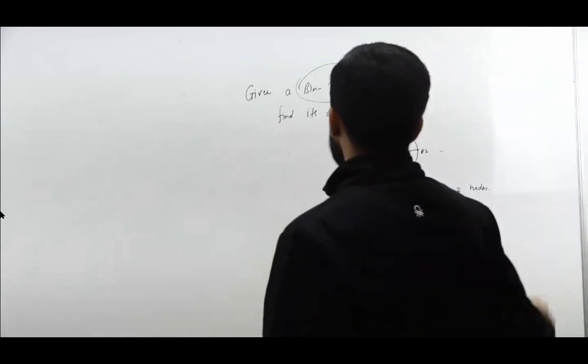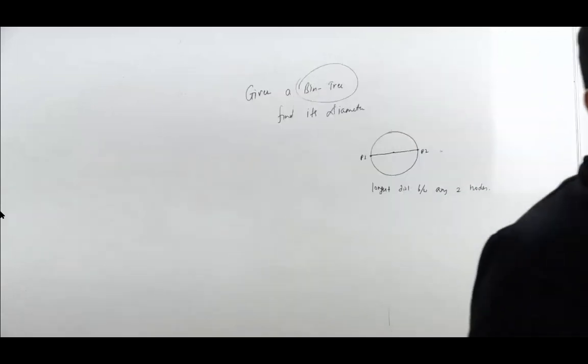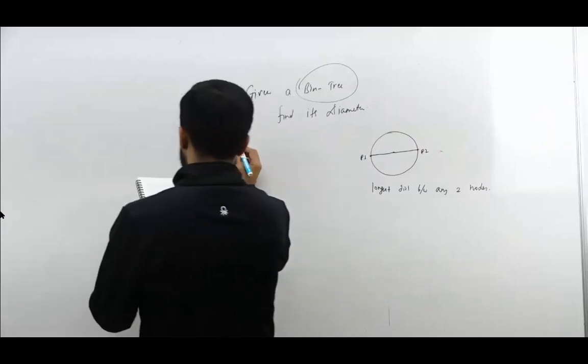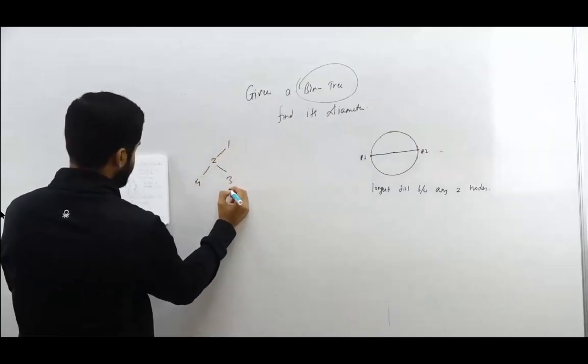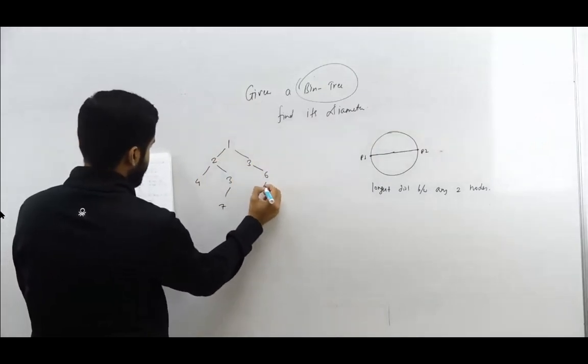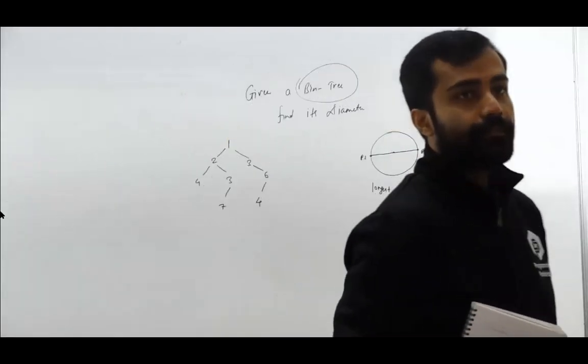Via a sequence of edges. So let's take a quick example. I want you to find the diameter of a particular tree. Let's say you have 1, 2, 4, 6, 4. Can you tell me the diameter of this tree?